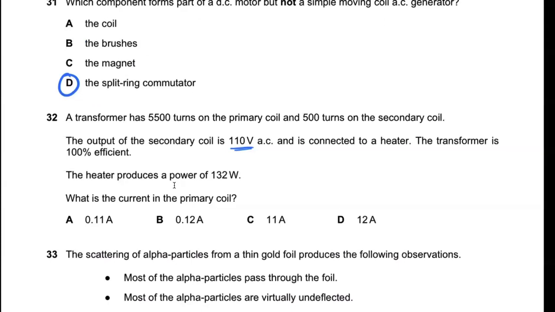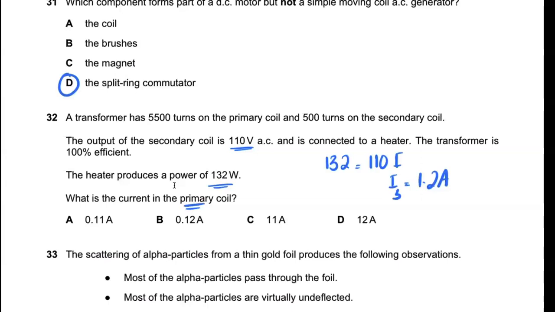I know the voltage in the secondary, and because I know the power, I can figure out the current in the secondary as well. So P equals VI. The current in the secondary is 132 over 110, so that's 1.2 amperes. This is IS, but I need IP.